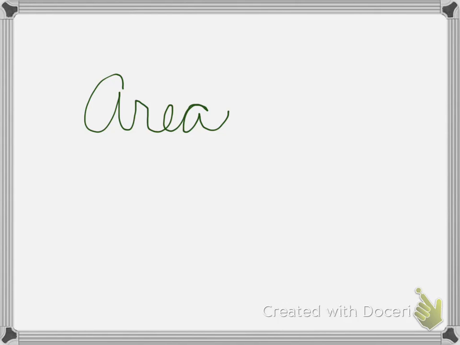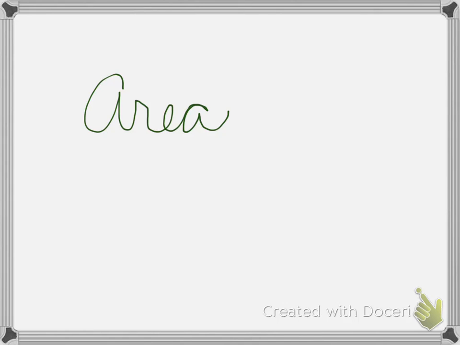That'll be fun. Okay, well today we're here to talk about area. And who remembers what area is? Does anybody remember? I'm looking for the, hang on just a second, I forgot to get my papers reset.